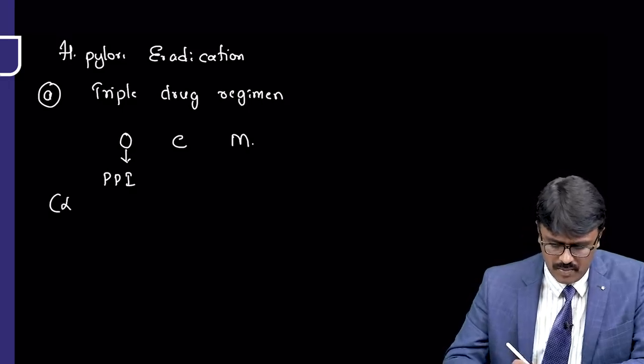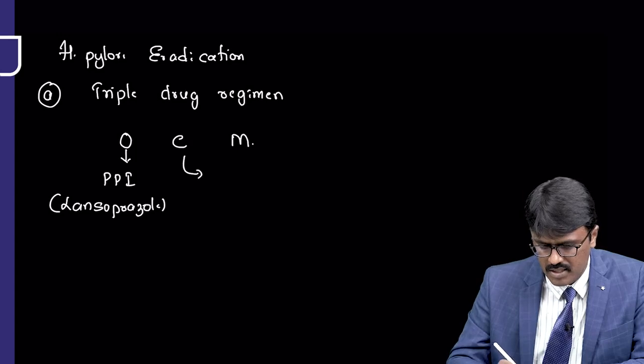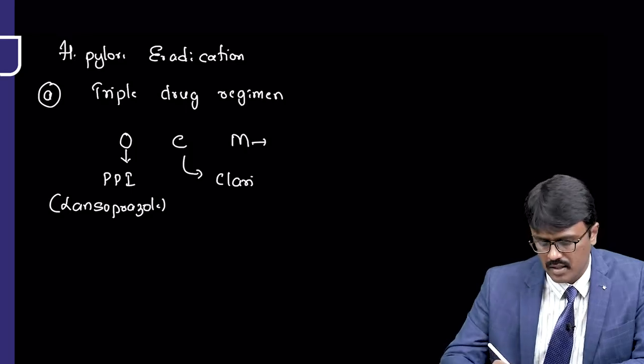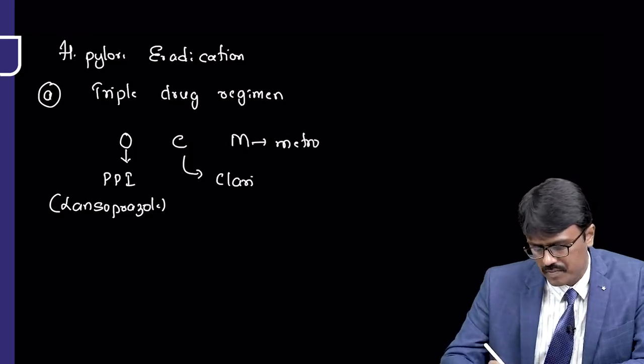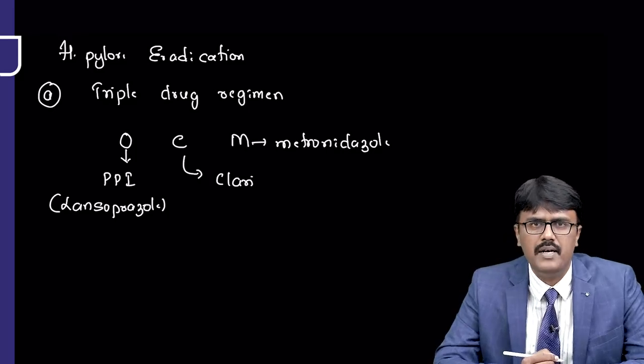Usually the preferred PPI nowadays is lansoprazole for H. pylori eradication. Then C stands for clarithromycin. M stands for metronidazole.